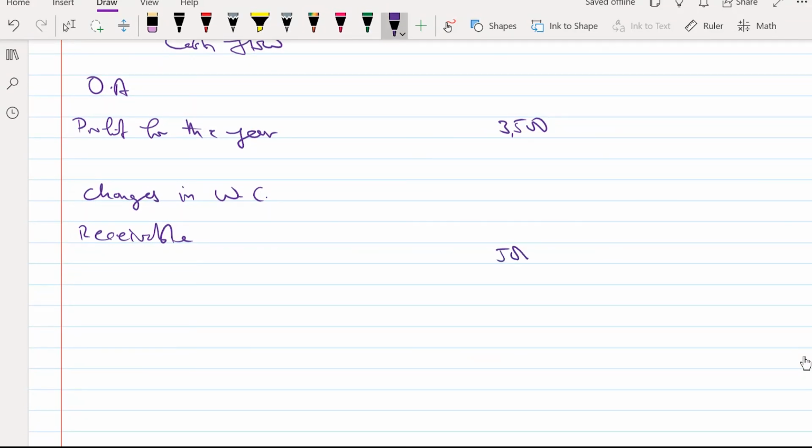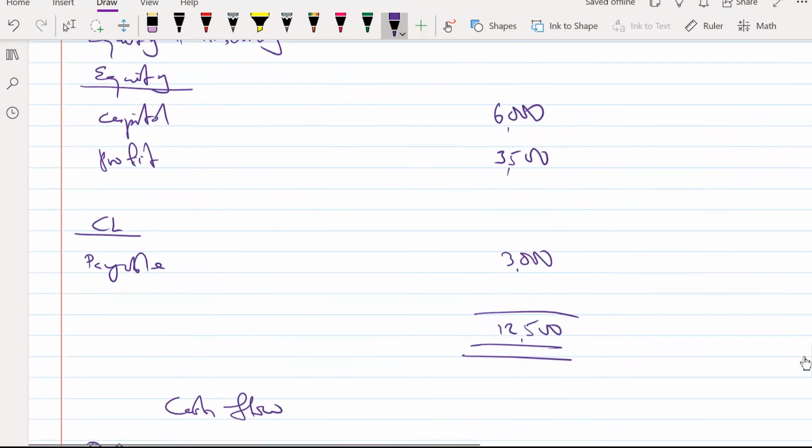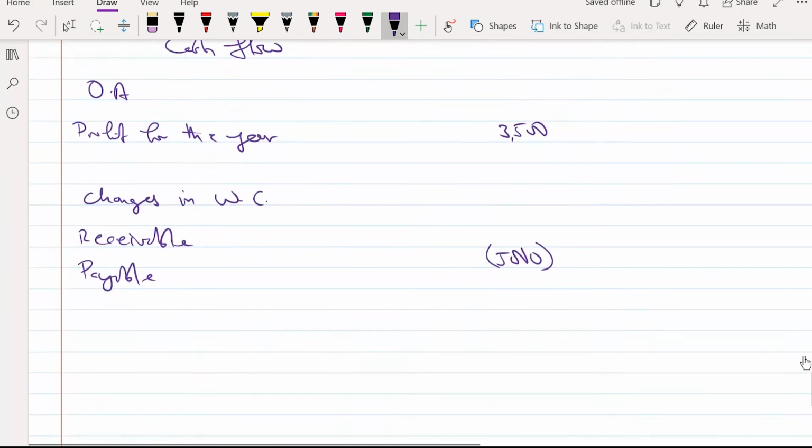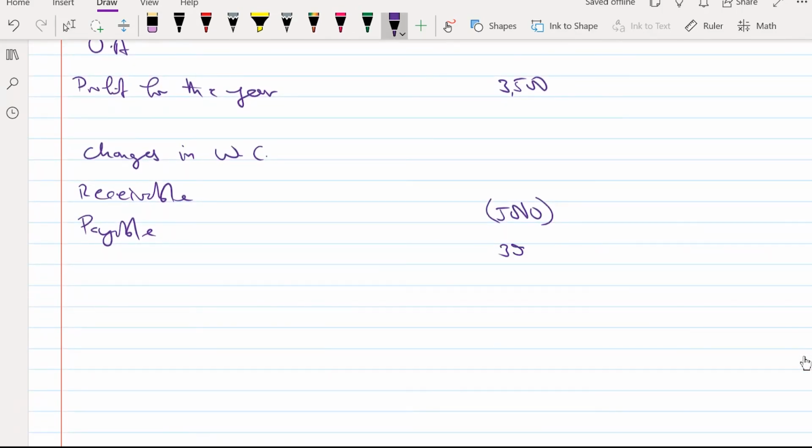So we have 5,000 negative. And we also have payable as a positive figure, 3,000. There is no other information that affects operating activities, so we can have this summation here.